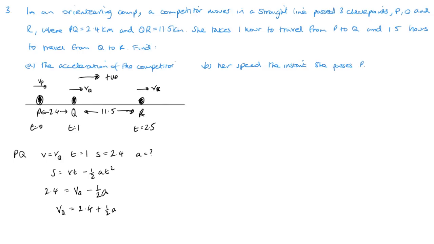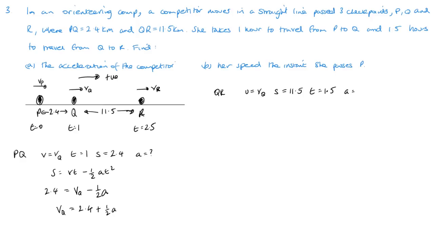Now let's look between Q and R. So between Q and R, U is VQ, S is 11.5, T is 1.5, isn't it? 1.5 hours between Q and R. What else do we know?